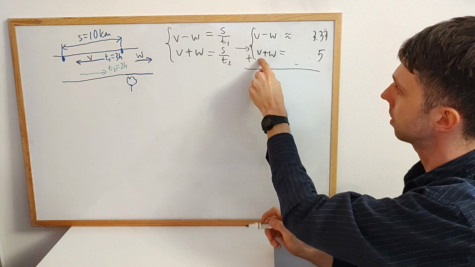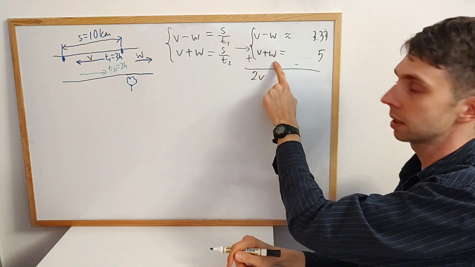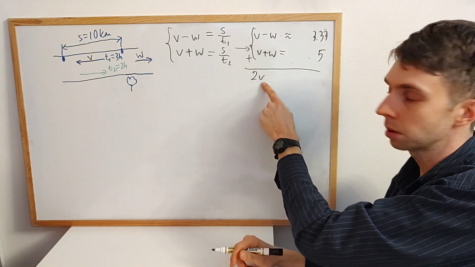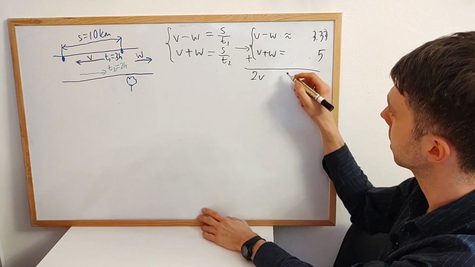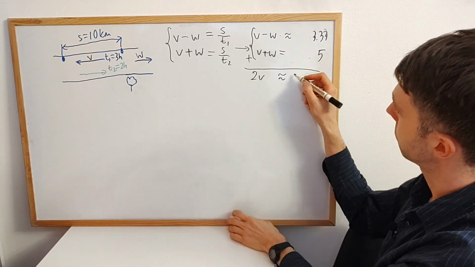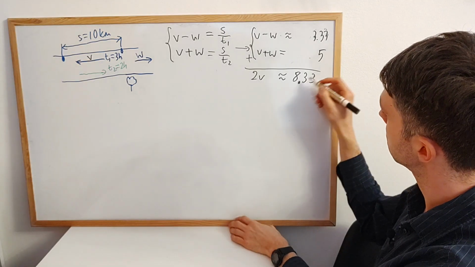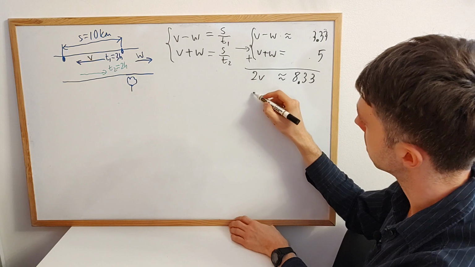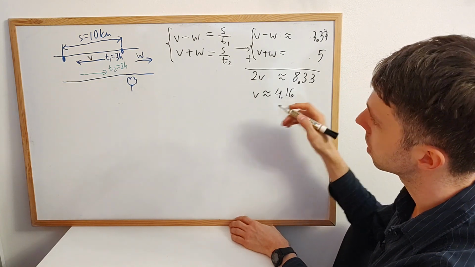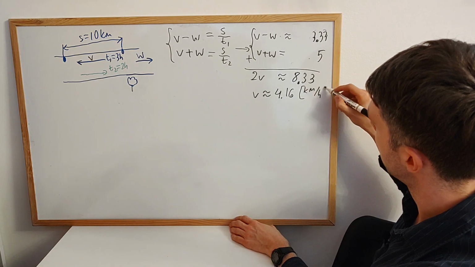So v and v, we have 2v, but the trick is that minus w plus w cancels out, so we have only one unknown on the left side, so it's approximately 8.33, so you just divide by 2, and v is approximately 4.16 kilometers per hour.